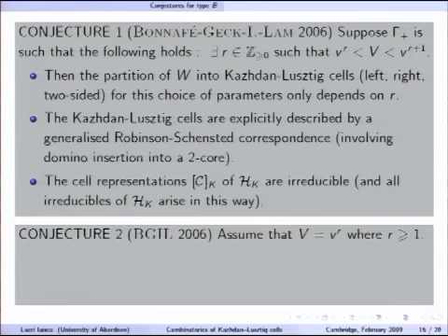And then what is left in terms of possible order relations is the situation where capital V is equal to some power of small v.